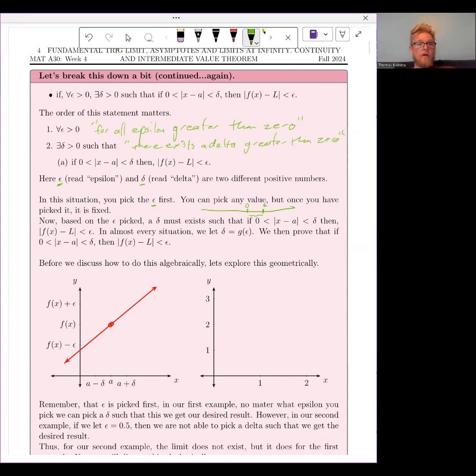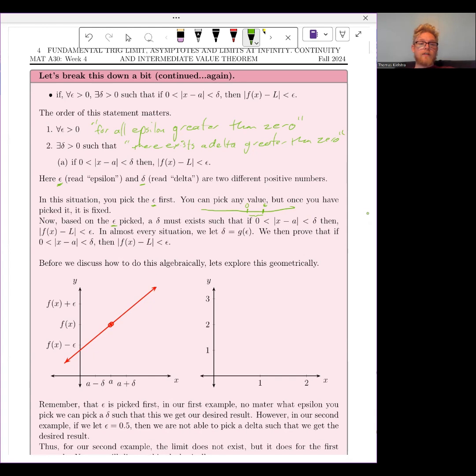Now, based on the epsilon you picked, a delta must exist. So once that epsilon has been picked, we determine whether or not the delta exists, such that if the absolute value of x minus a is between 0 and delta, then the absolute value of f of x minus L is less than epsilon.